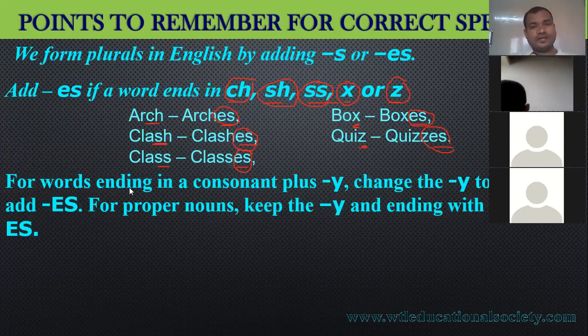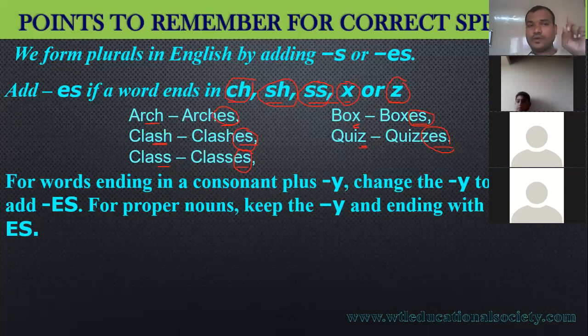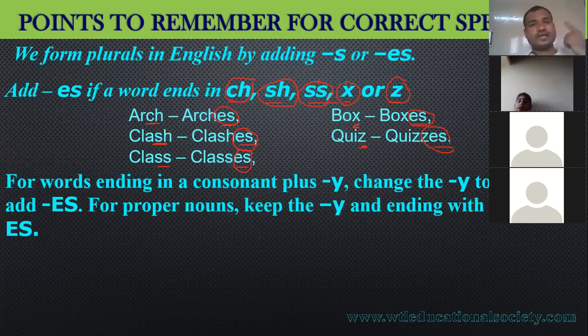If a word ends with the letter y, and the letter before it is a consonant, then the y has to be changed to i, and add es.